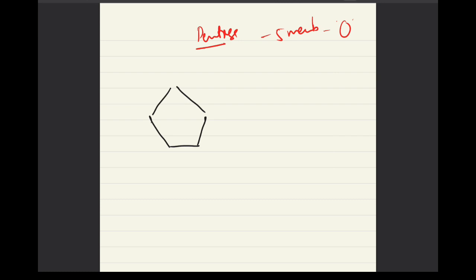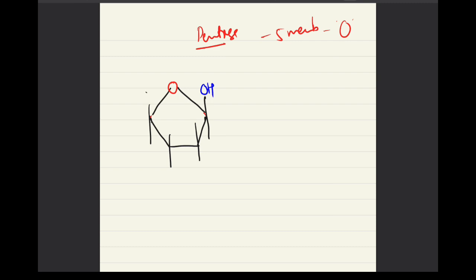A 5-membered ring with oxygen as one of the members in the 5-membered ring system. Okay, pentose sugar, and we will draw 4 vertical lines at junctions, 1, 2, 3, 4 vertical lines, and we will place the functional groups.